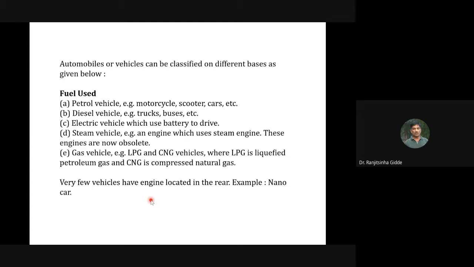Then gas vehicles: LPG, liquid petroleum gas, and compressed natural gas vehicles, right? For the auto rickshaw, LPG was used, but with respect to safety, that is not good. So one more innovation happened, that is CNG, and that is being used commonly nowadays, and with CNG we can have better economy in mileage.